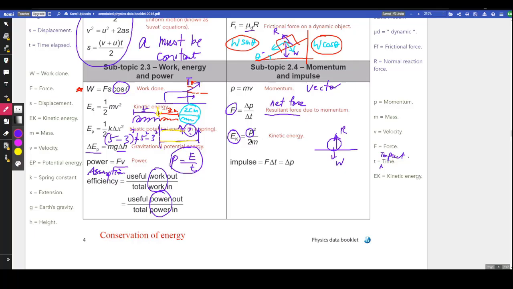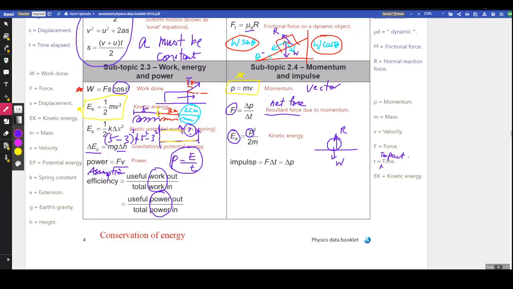But nothing really special, because this can simply be derived from the kinetic energy equation and also the momentum itself. So if you just rely on these two equations, it should still work, but it may take you longer if somehow this equation can fit the question.